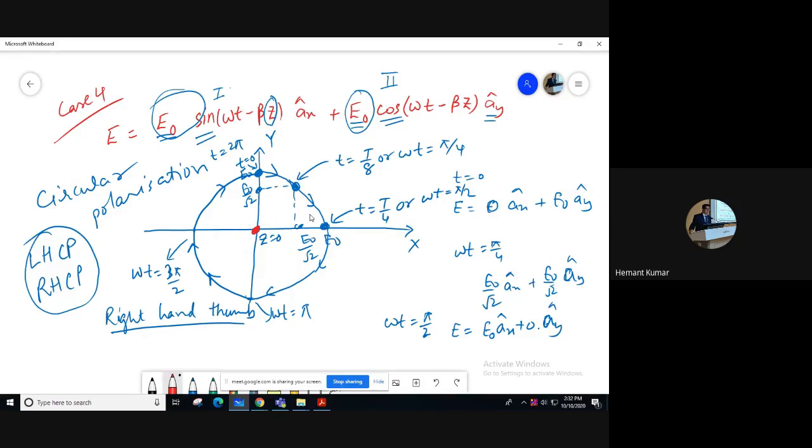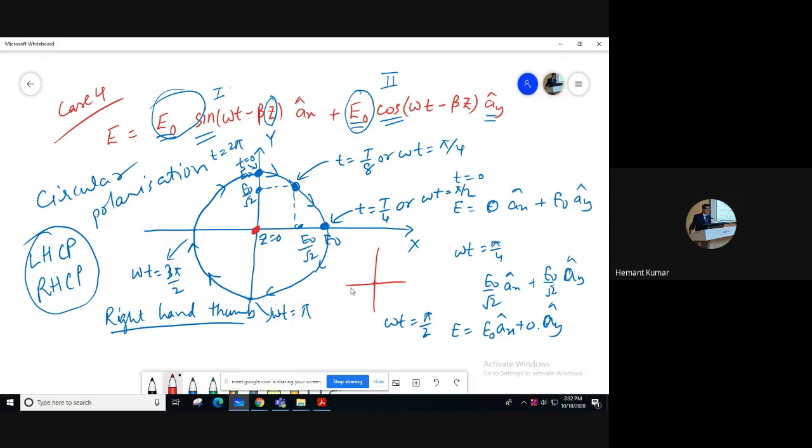So it is not satisfying. Now you use your left hand, with the thumb in the direction of propagation, and see whether your curled fingers match the circular motion. Yes, because your left hand is clockwise and this is also in the clockwise direction. So this wave is a left hand circularly polarized wave.